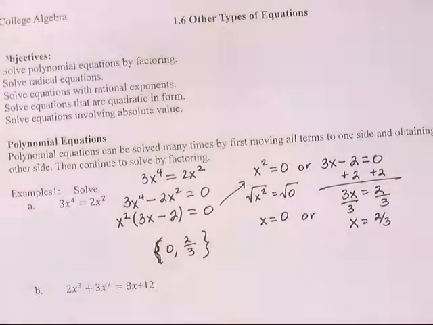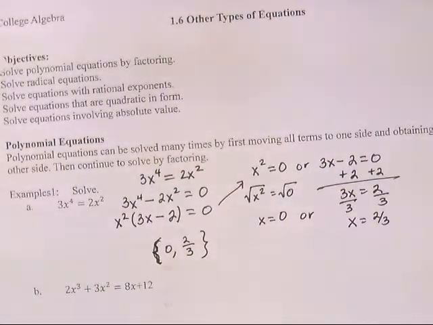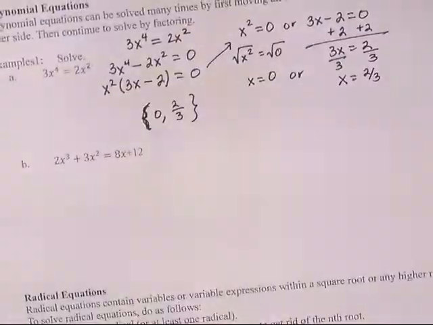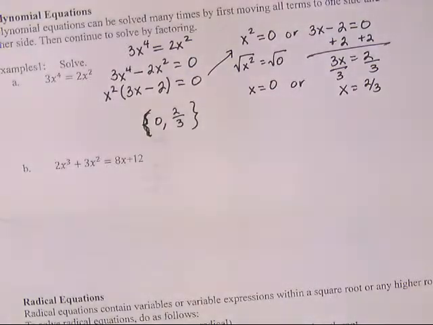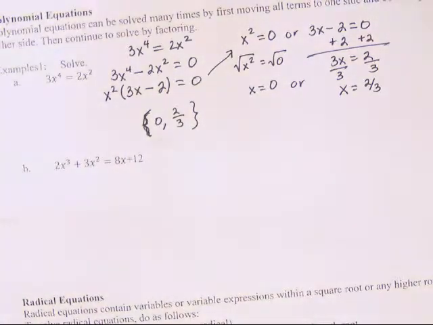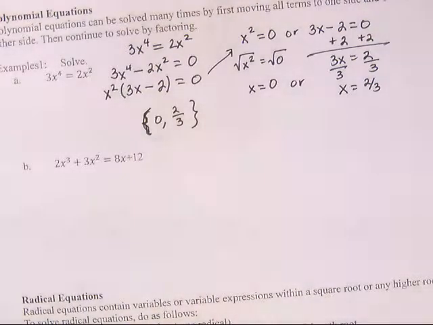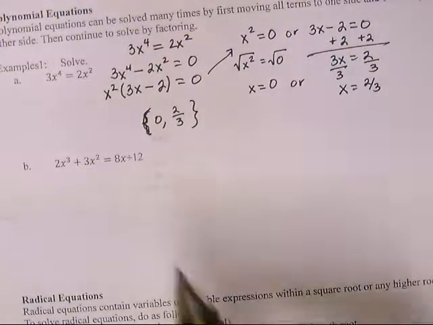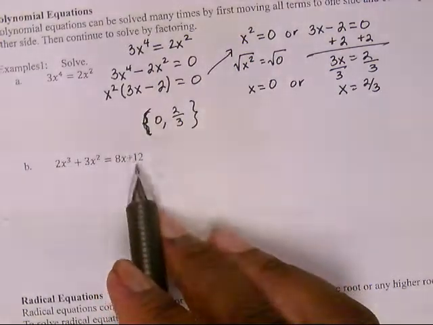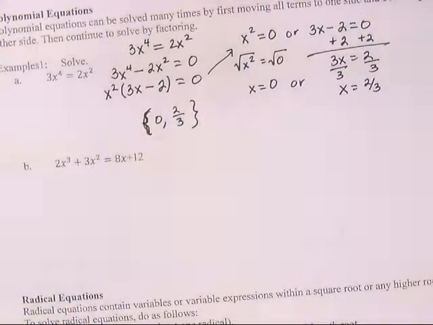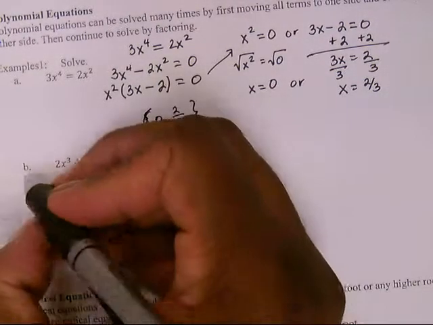Alright, now part B, we've got 2x cubed plus 3x squared equal to 8x plus 12. And we're going to solve this by factoring. Well, first of all, I need to move some terms over to one side, so that way I'll have a 0 on the other side. It'll be easier to move the 8x plus 12 over to where the 2x cubed plus 3x squared is.